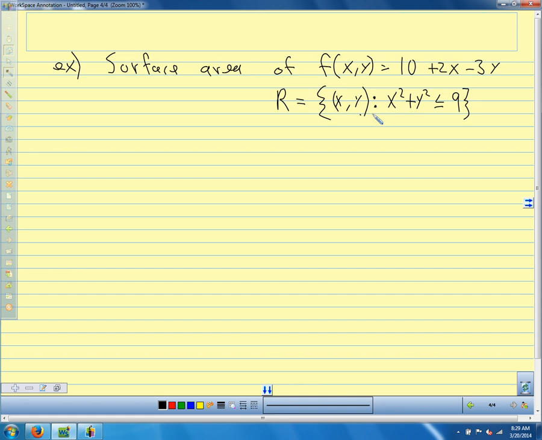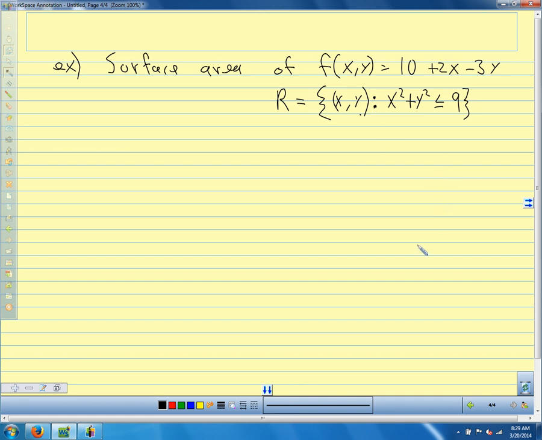And just so you know, the colon, when we use it this way, means "such that." So what we're saying here is the region R is the set of xy such that x squared plus y squared is less than or equal to 9.